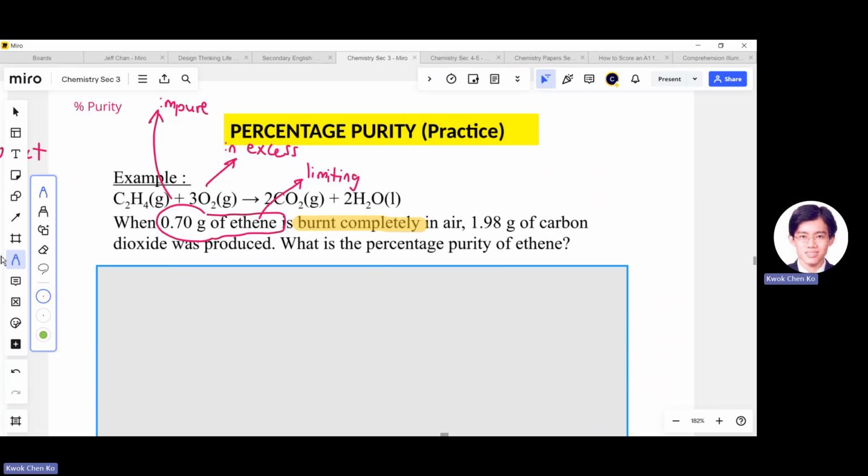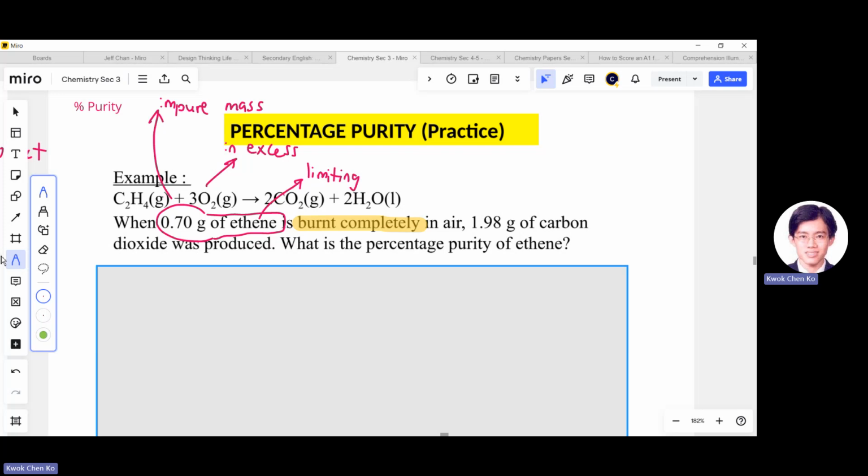So 0.7 grams is an impure mass. It doesn't mean the entire 0.7 grams is ethene.